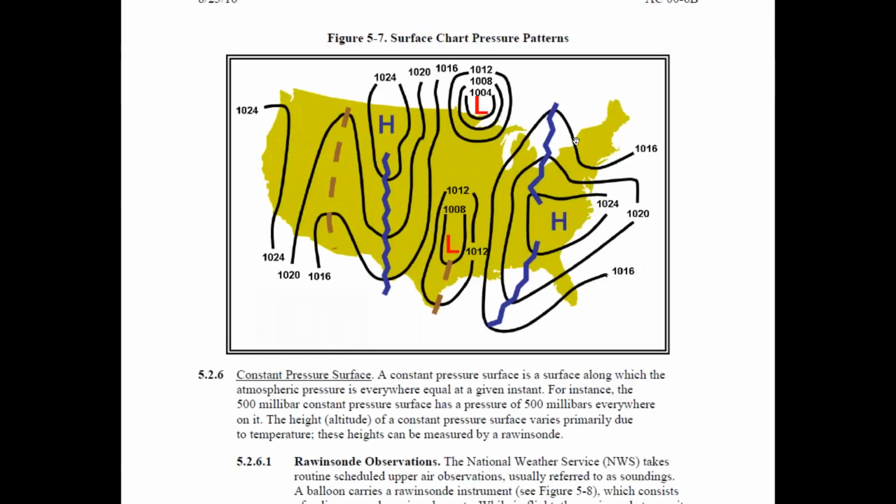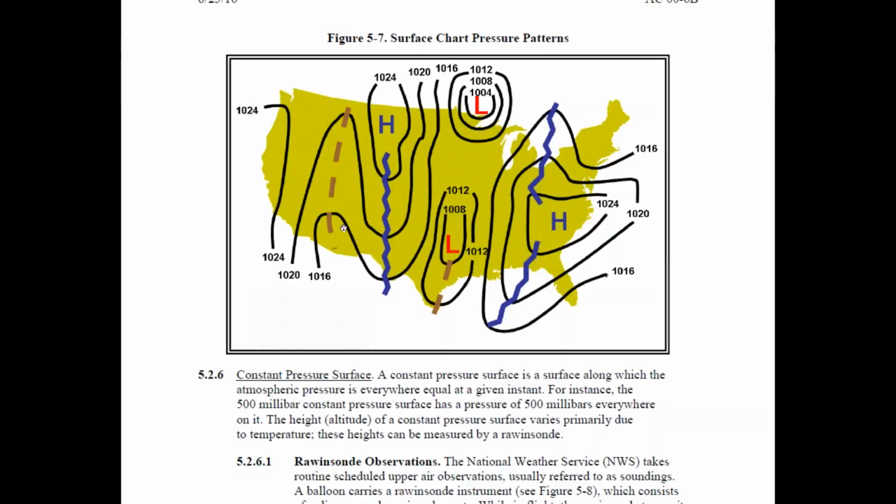So these lines are just connecting equal lines of pressure. If it's 1016 millibars down here, and then it's 1016 up here, you can see this whole line is following that same pressure level.